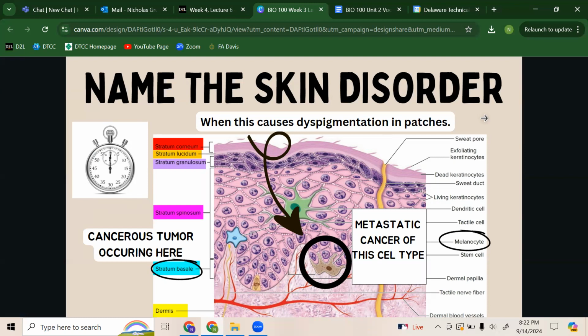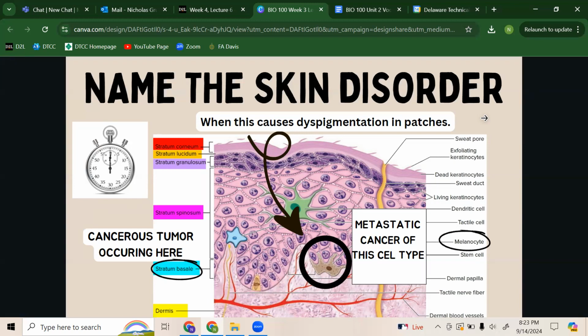If you have complete lack of melanin, this one is on your list, you would have albinism. And then last one, a metastatic cancer of a melanocyte is going to be a melanoma, a malignant melanoma.